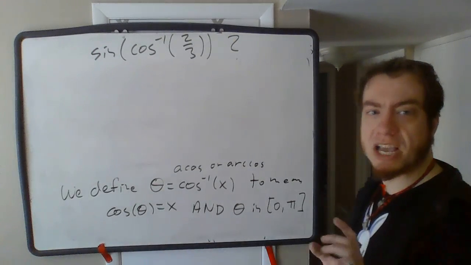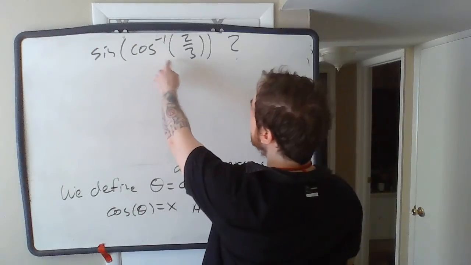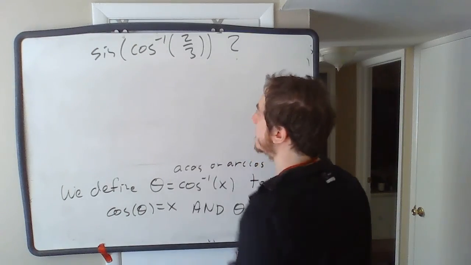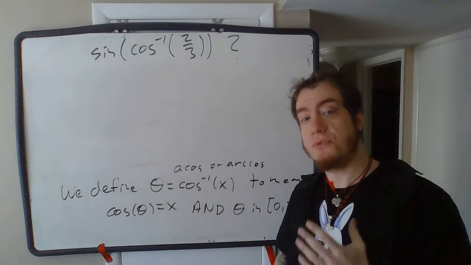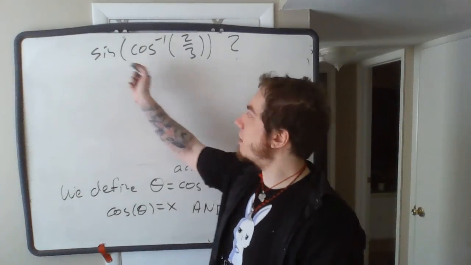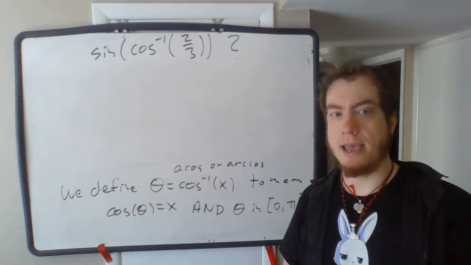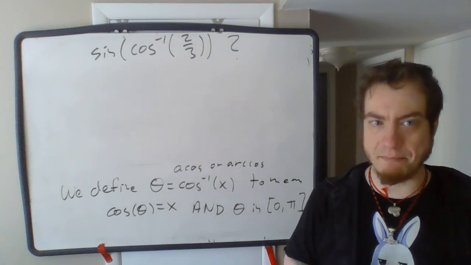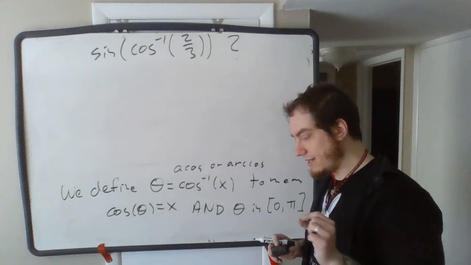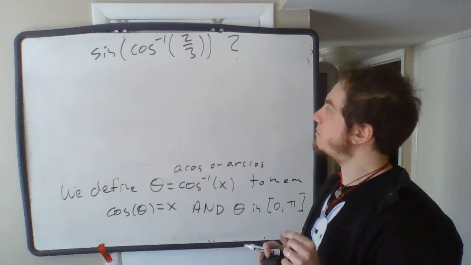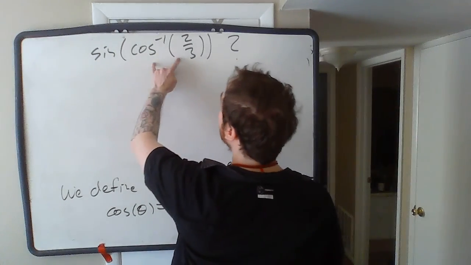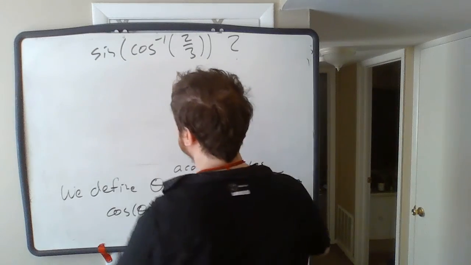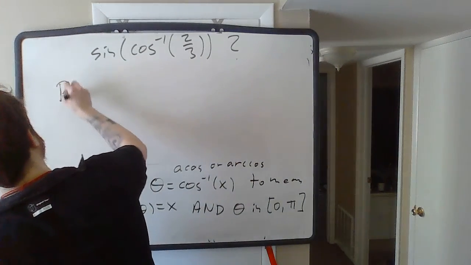Your first thought might be, okay, let's see if we can compute what is cosine inverse of 2/3, right? Because if we could figure that out, then we could just plug that into the sine function and we'd be all set. Well, it's not, unfortunately, quite that simple in this case. The reason it's not quite that simple is because I don't know what this angle actually is. So we have a problem.